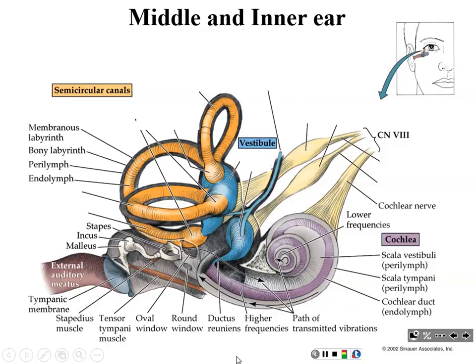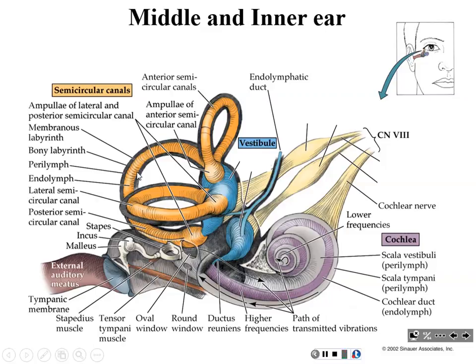We talked about the ductus reuniens that connects the otoliths with the cochlea. We mentioned the endolymphatic duct and how it regulates the contents of endolymph. We talked about all three semicircular canals and how at the base of each one of them there is an ampulla.